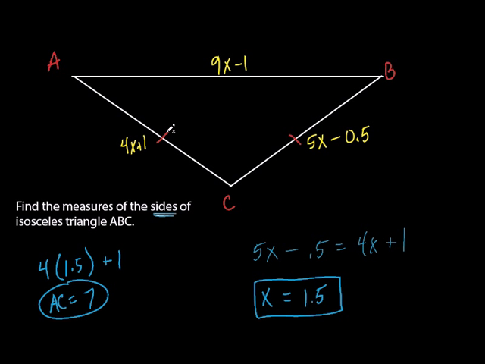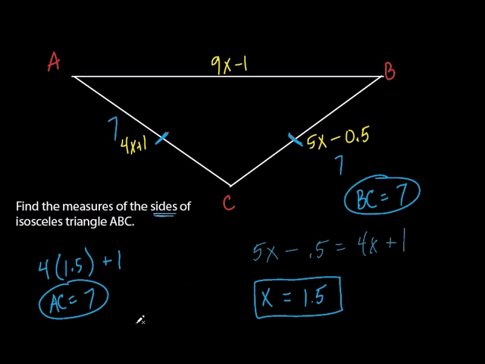Why? Because this was already marked equal to this. I don't even have to do the math. So if AC is 7, then what's BC going to be without doing any math at all? It should be 7. I practically did that whole problem until I realized there's a lot better way to do this. So BC is also 7 without doing any math at all.